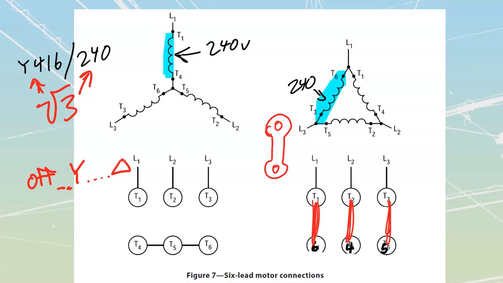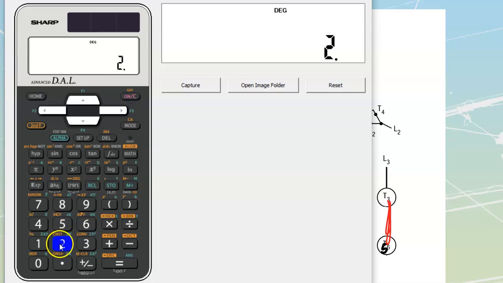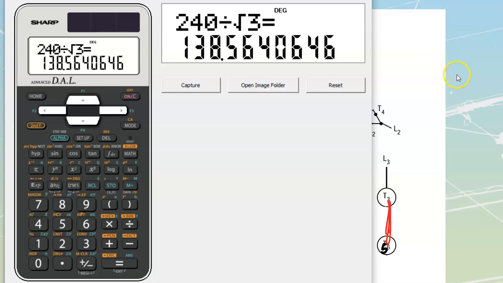The reason for that is because we start out with a lower value of voltage. Let's say this is a 240 volt motor. If I were to place 240 volts from line to line over here, how many volts would I see across here? Well, we can just take 240 divided by the square root of 3, which takes me down to 138 volts.